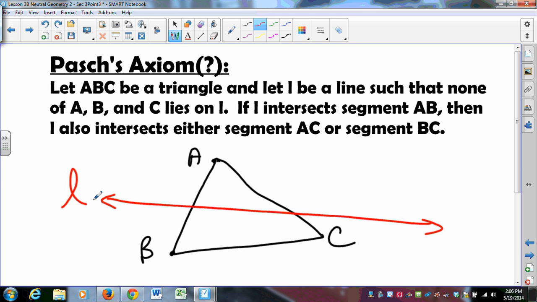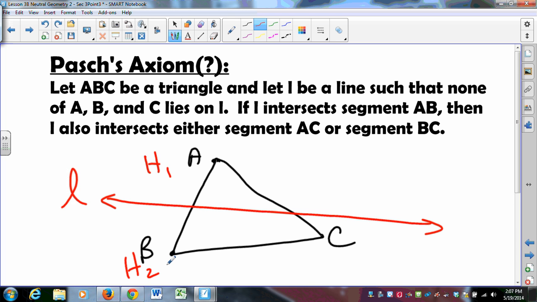And this boils down to: A is up here in half plane H1, and B is down there in half plane H2. A and B are on opposite sides of line L because line L intersects segment AB. The question is, where is C?